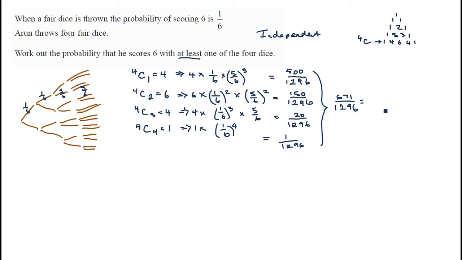So it's 51.8%, that's to 1 decimal place. Okay, so interestingly, if this is correct, it's come to just over 50%. So it is more likely that we're going to get a 6 in those 4 throws than we're not.